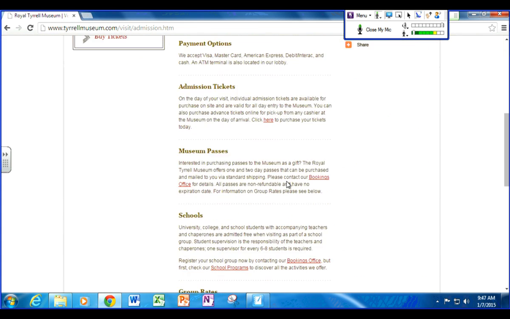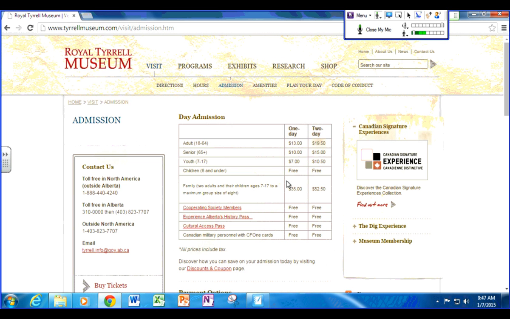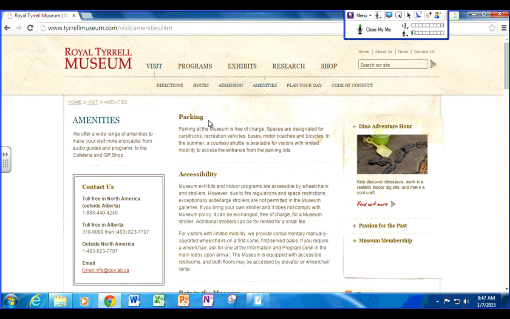And one of the things I'm sort of wondering is if there's parking there, amenities, maybe that would be it. Parking. Parking at the museum is free of charge. Okay, so that's important to know because some places it's another $10, $20 for parking, and you have to calculate that in the cost of going there.